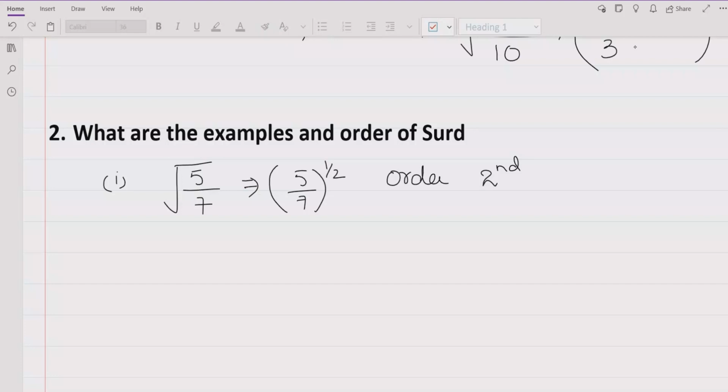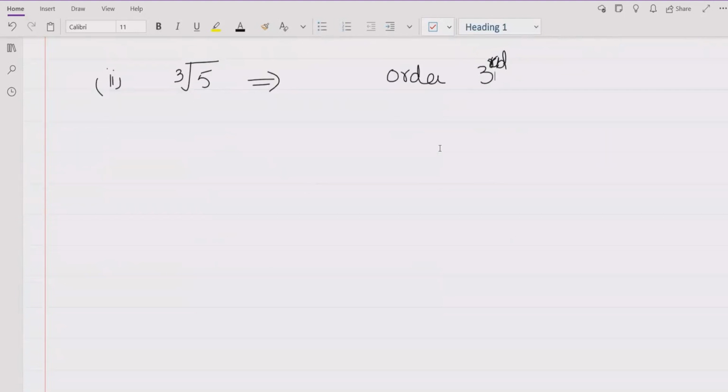So this is the order of surd. And if we have another example, 5, root 5, and we have index 3, we will say the order is third. And if we say root 10 is 7, so the order of this surd is 7.